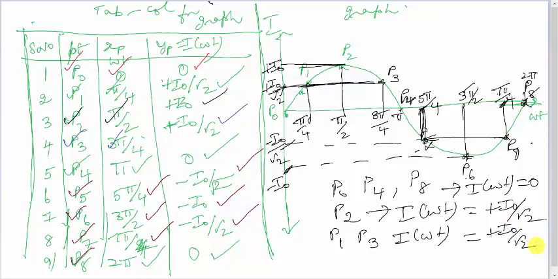Then P5 and P7 have I as a function of omega t as equal to minus I naught by root 2.